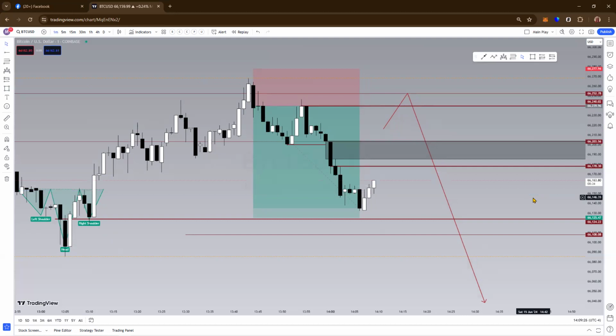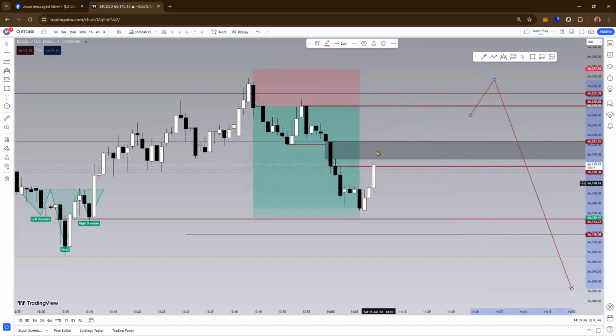And see, it's trying to go right back where the fair value gap is because there's a gap, the gray area. This is the gap right here. It's got to fill this gap and hopefully come back down.